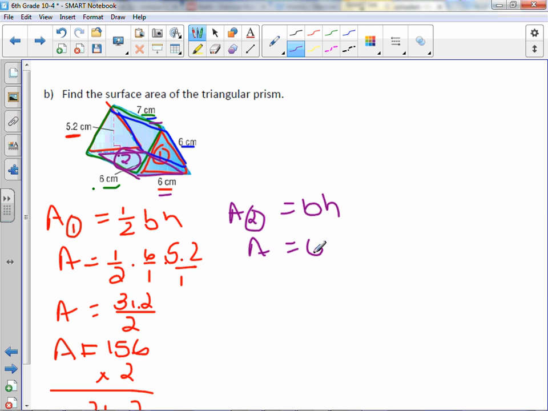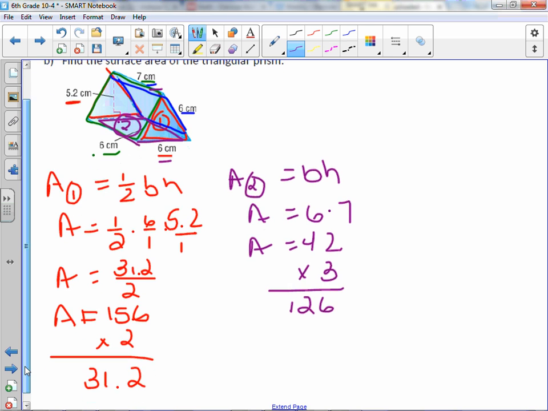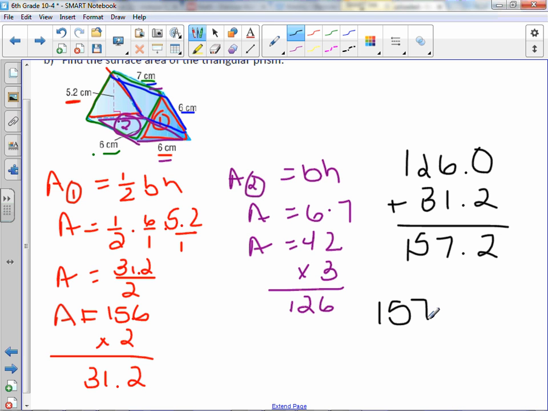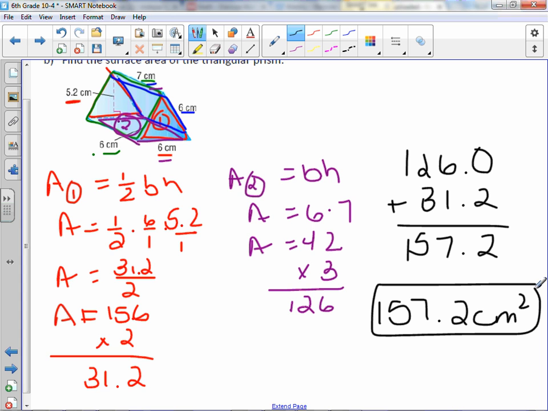And again, the base and height were 6 and 7, which is 42. Since all 3 are the same, I can multiply by 3 and get 126. So now let's add the areas together. 126 plus 31.2. We get a total area of 157.2 centimeters squared.